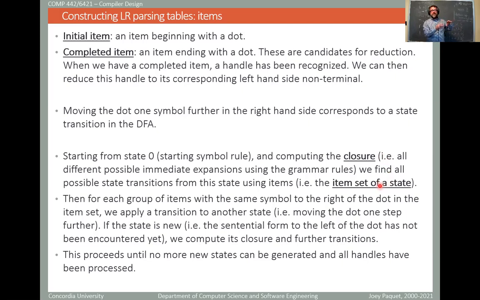The subset of items that you use to branch to another state becomes the starting item set for each of these other states. Then you apply the closure on each of these, which makes you branch to other states. Eventually, some states are going to branch to pre-existing states, and you repeat that until you don't have any more expansion to do, and that's where it stops.